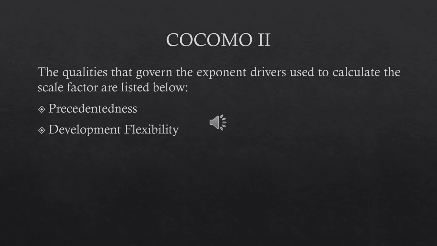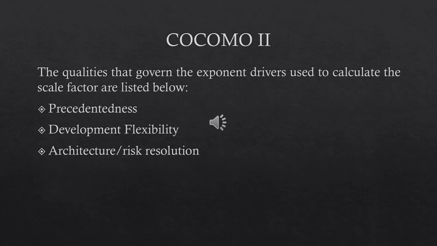The second quality factor is development flexibility. Development flexibility is the degree to which the requirements can be met in a number of different ways. The less flexibility there is, the higher the value of the exponent driver. The next quality factor is architecture or risk resolution.